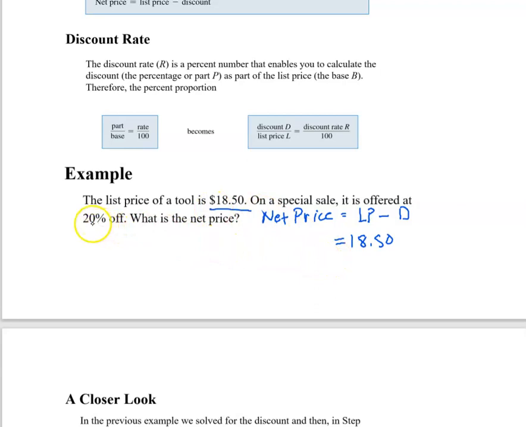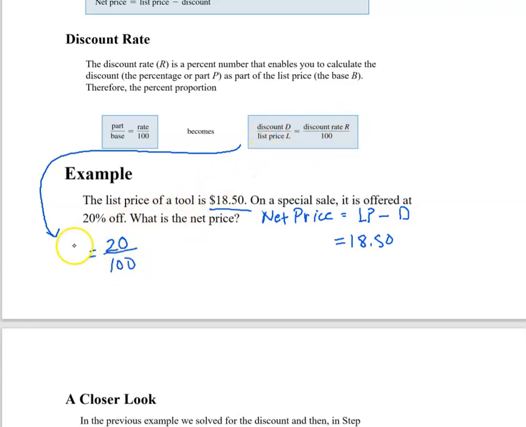Okay, and the discount is 20% off, but we need to know what actual number that is. So we need to find out the discount. If we follow this formula up here, we've got the discount rate, and I know that goes right here because a rate is what has your percentage sign, so our percentage over 100.